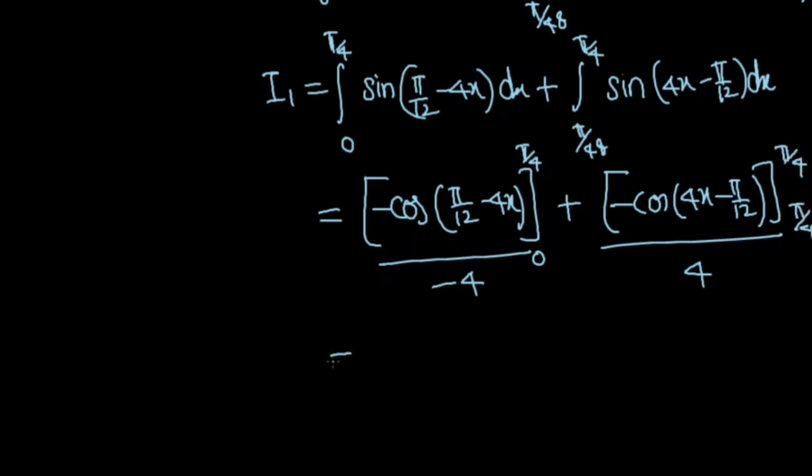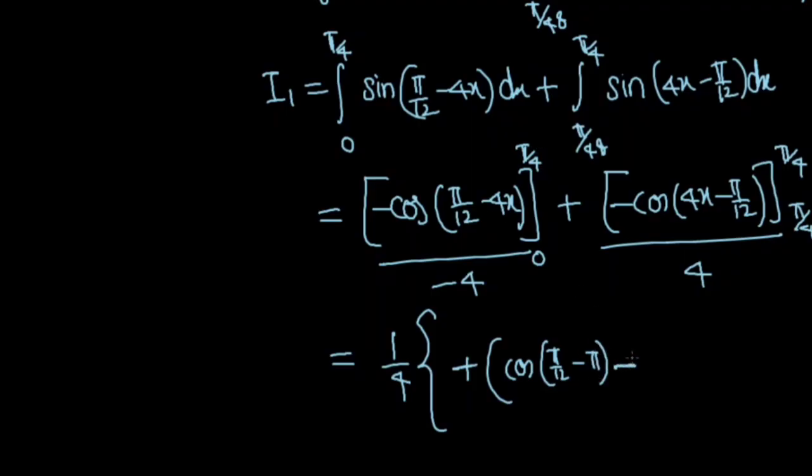If I substitute the limits here, 4 common out, so 1 by 4 taking out. From both sides, minus is there, so I am writing minus outside. Upper limit substitute in the place of x: pi by 12 minus 4x. Here denominator minus is there, minus into minus I'll get plus. So cos of pi by 12 minus upper limit pi, this is upper limit minus lower limit, where lower limit is 0.